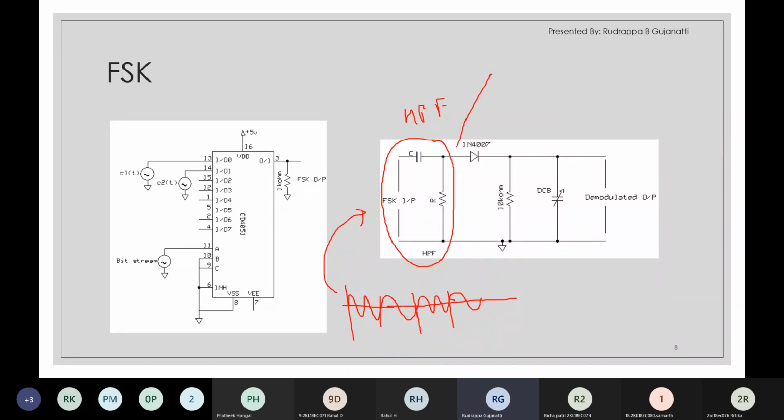So at this point only the high frequency content will be retained, and the low frequency part is suppressed to 0. Again only the high frequency content is retained, and next this part is suppressed to 0. So we get this output at the high pass filter.